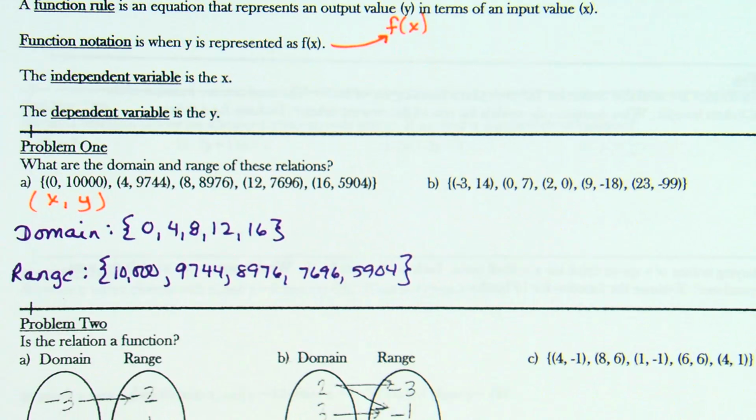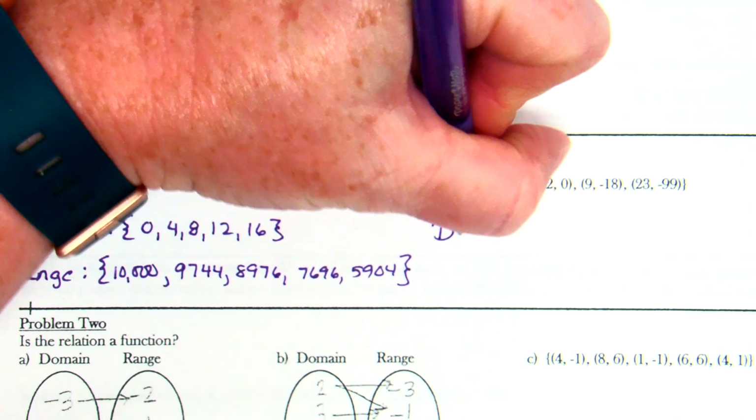Okay. So, example B now. Same questions, domain and range. I'm going to shortcut here and say D for domain. Now, it can't be Justin. It can't be Cam. So we'll just eliminate people as we go here. Domain.